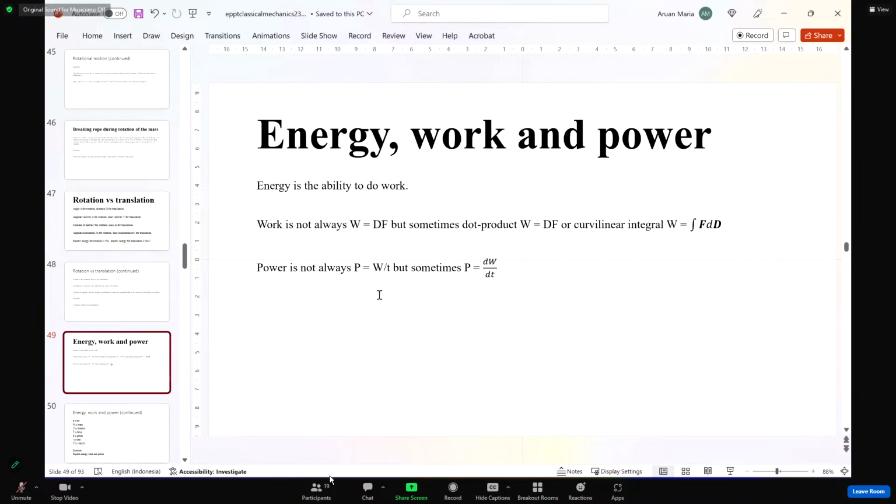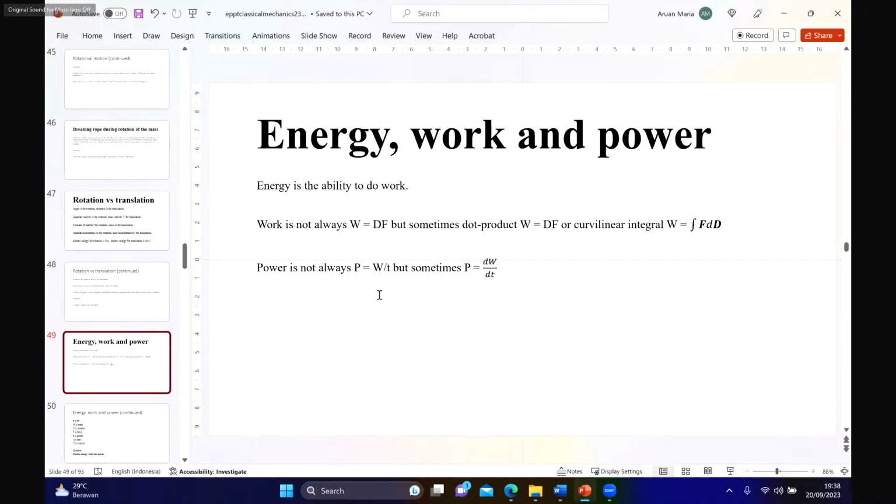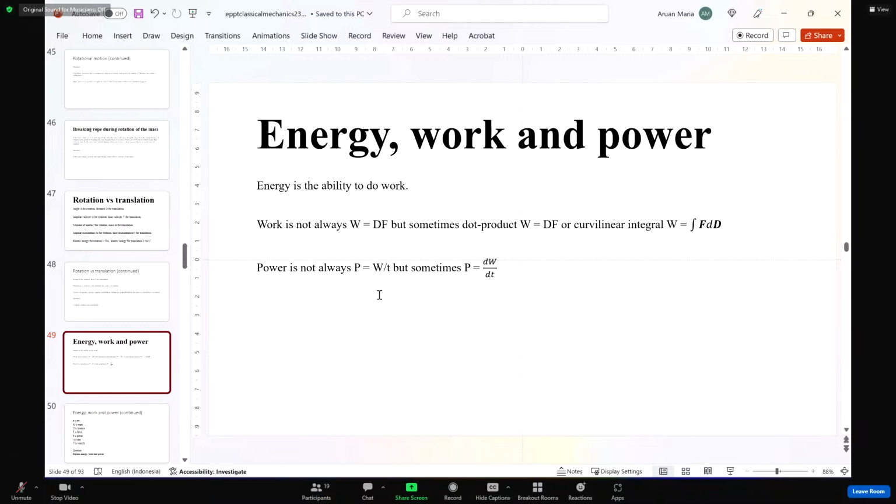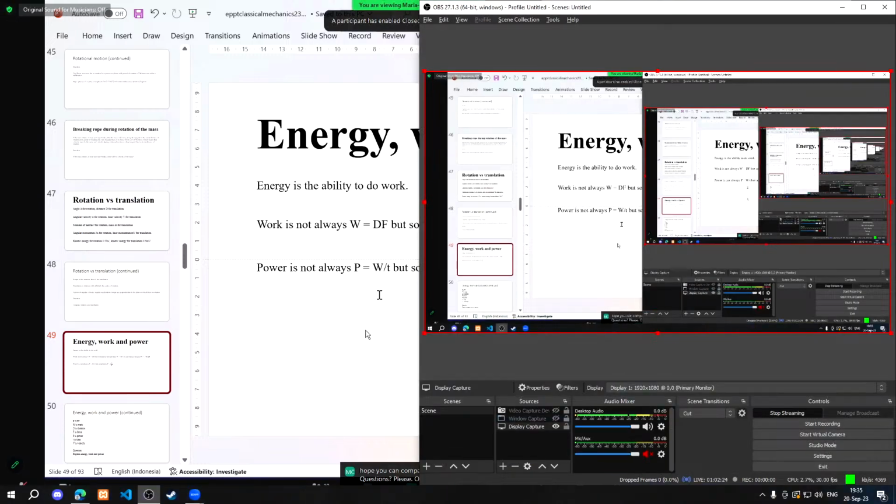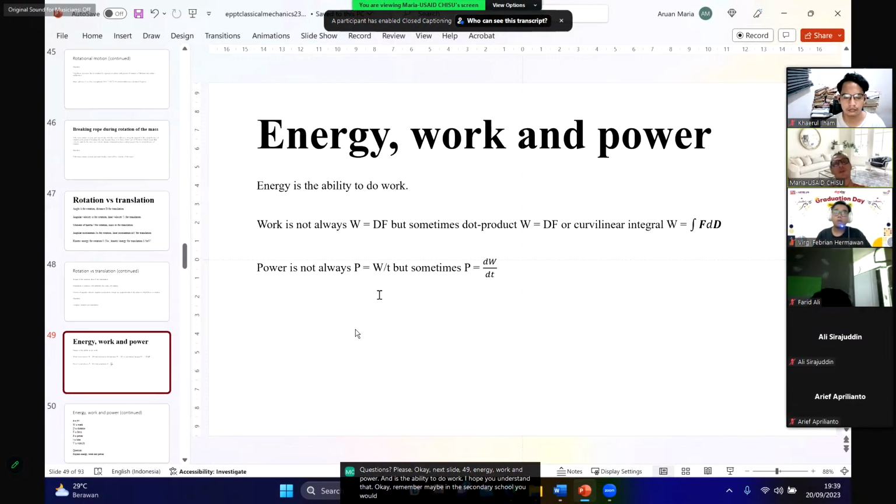Okay, next slide, 49. Energy, work, and power. Energy is the ability to do work. I hope you understand that. Okay. Remember, maybe in the secondary school, you were told that work is distance times force, the second line of this slide, right? W is work, D is distance, F is force. It is sometimes true, but not always.